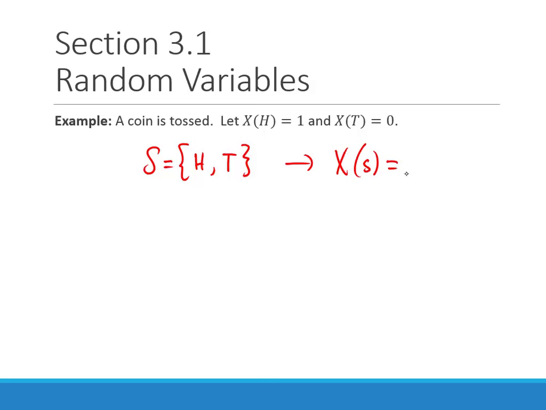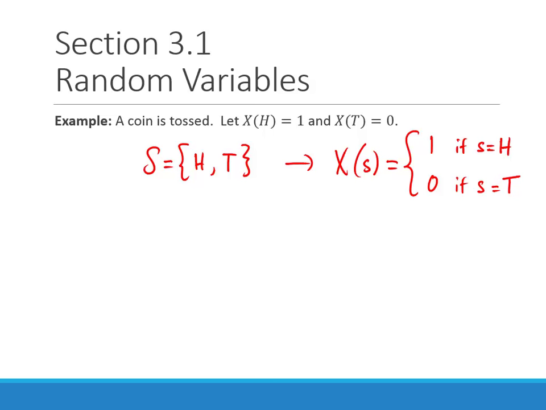So X of s is 1 if the outcome in our sample space that we got is a head, and 0 if s is a tail. So again, we're going from an abstract sample space to some numerical representation of that sample space based on the outcomes that we could get.